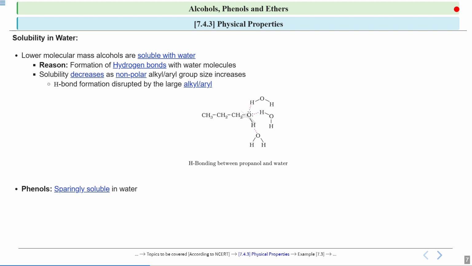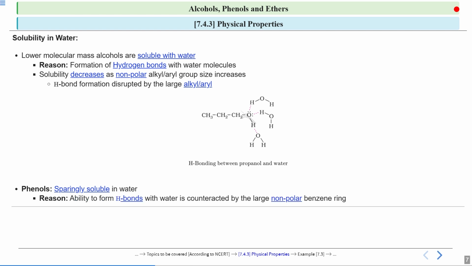If I talk about phenols, phenols are sparingly soluble in water, because in phenols the ability to form hydrogen bonds with water is counteracted by the large non-polar benzene ring. We know that in phenols also the hydroxyl group is present, so that hydroxyl group will form hydrogen bonds with water molecules. But in phenols you have a benzene ring, and that benzene ring is non-polar in nature, because it is made up of carbon atoms, so there is no polarity in the benzene ring.